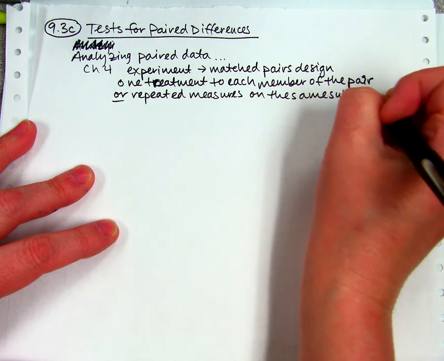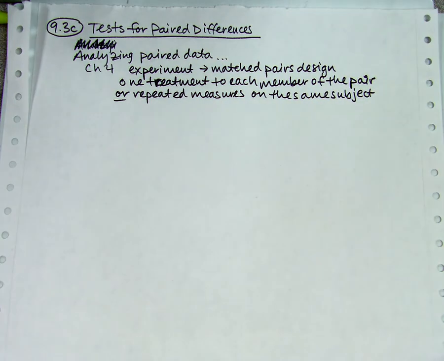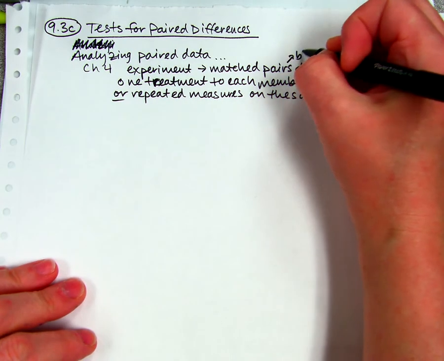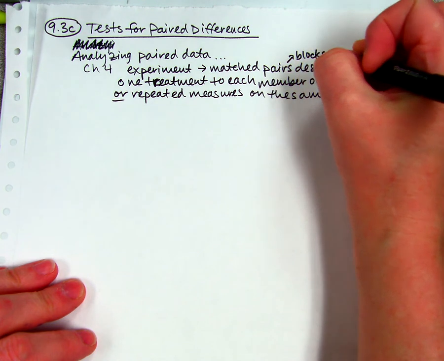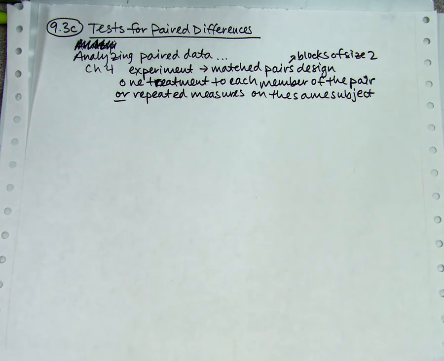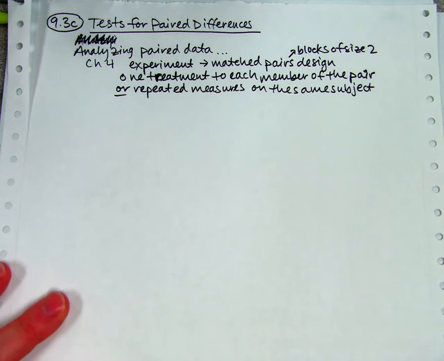The idea here is to be able to compare how those treatments work on the same person or on very similar people. Pairs are basically blocks of size 2. And we get them as similar as possible. Back in chapter 4, we talked about some advantages to doing that. You're more likely to detect a difference that way.